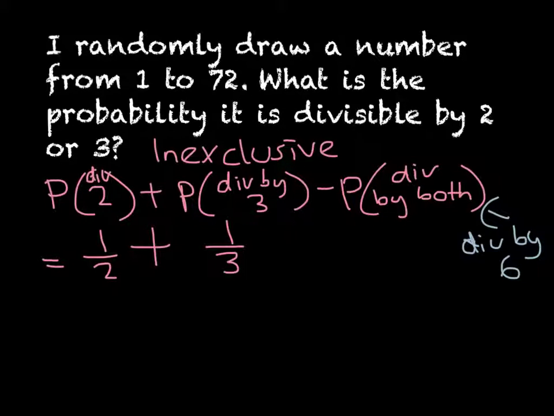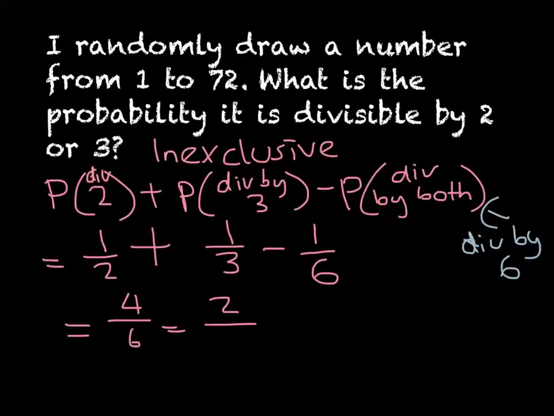So how many numbers between 1 and 72 are divisible by 6? That would be equal to 1/6 of the numbers. So if we calculate the math here, what we end up with is 4/6, or a 2/3 chance that a number is divisible by 2 or 3.